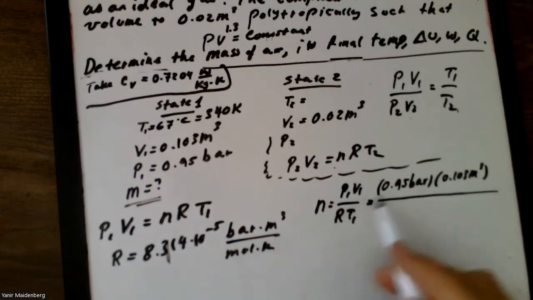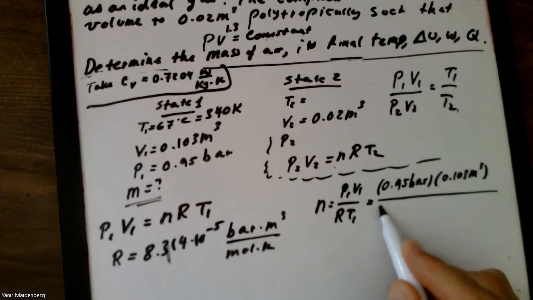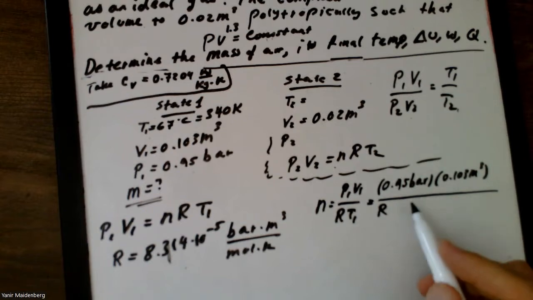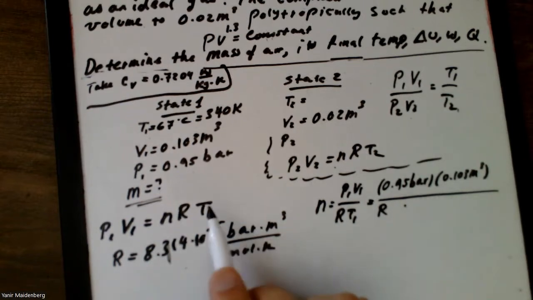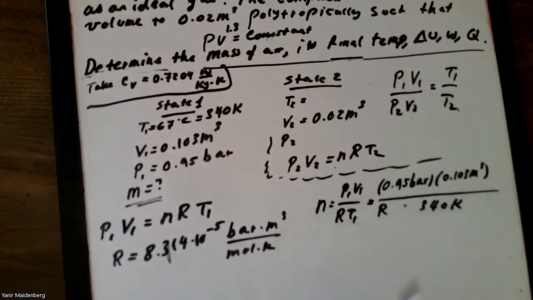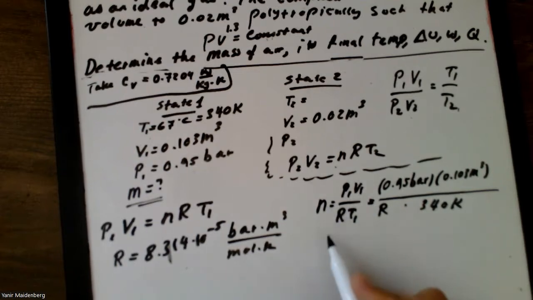The R is this thing. So I'm just going to write R because I'm lazy, but it's 8.314 times 10 to the minus 5th, and it's got bars, meters cubed, divided by mole K. And that's cool because I'm multiplying by the temperature, which is 340 K. So that will give me moles, right? So the bars cancel, the meters cubed cancel, the Kelvin cancels, and I get 1 over mole, which gives me moles.